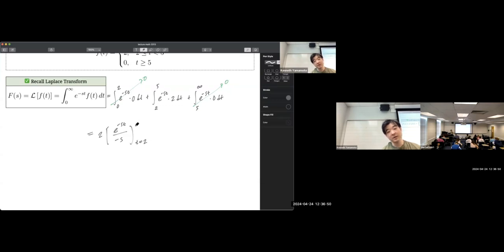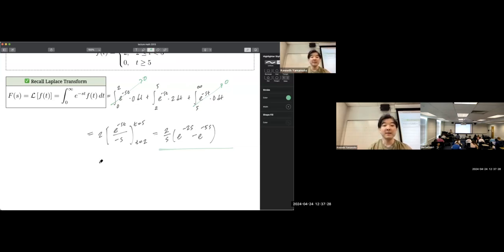It's just going to equal 2 over s times e to the negative 2s, minus e to the negative 5s. And this is defined for all s. There's no convergence issue, because the integral that was going off to infinity was 0. So this is defined for all s because it's just a definite integral from 2 to 5 of this function.